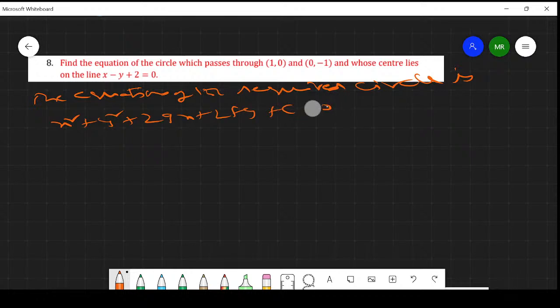This is the standard equation. Let it be 1. For this, we know the center is equal to (minus g, minus f).